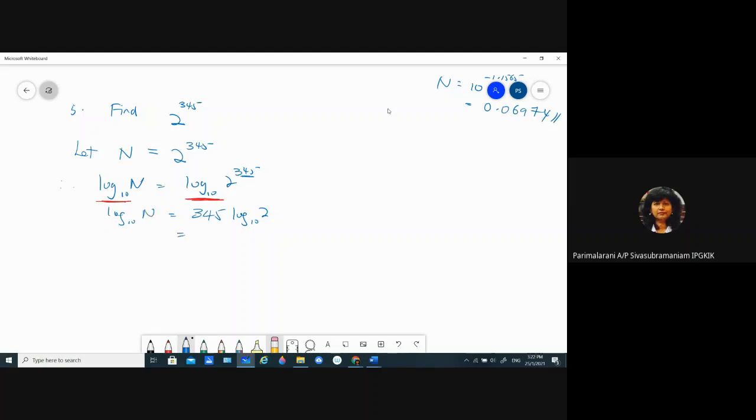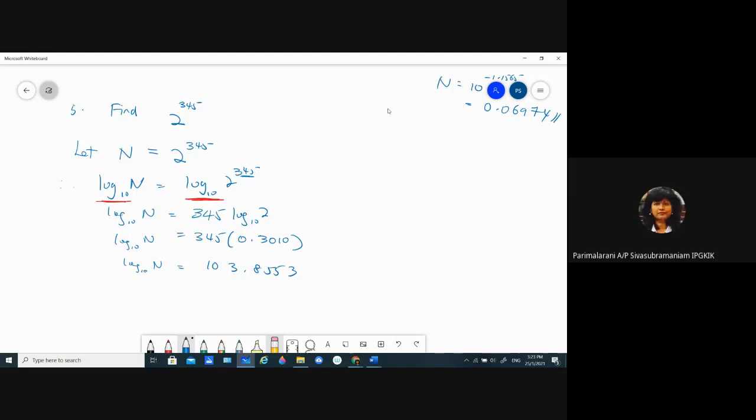So what is log 2? Use your calculator. What is log 2? 0.3010. Yeah, 0.3010 times by 345 is 103.8553. Okay, after this, how do we do?